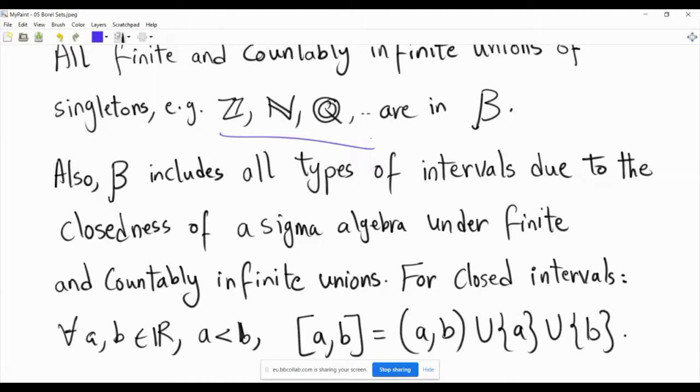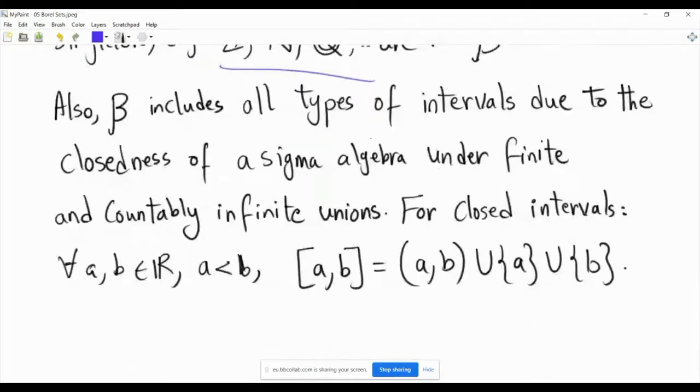No worries. And all types of intervals are there too. For example, if you take the closed interval, well, the open interval is in the Borel sigma algebra by definition, and then the singletons are there.